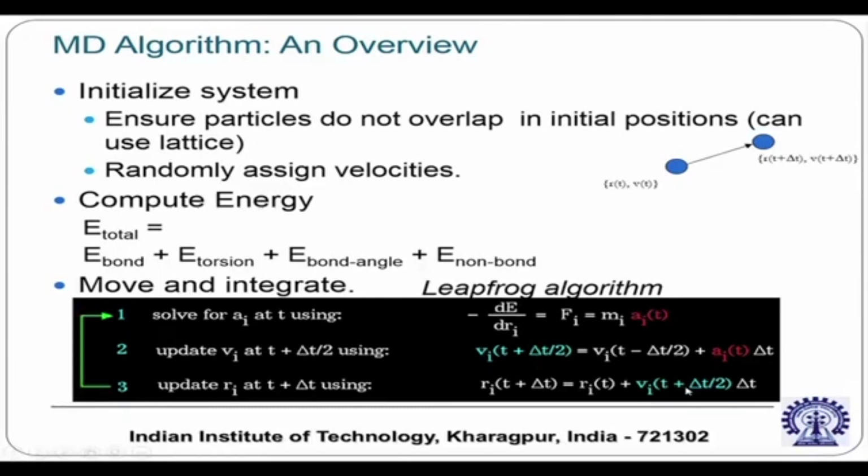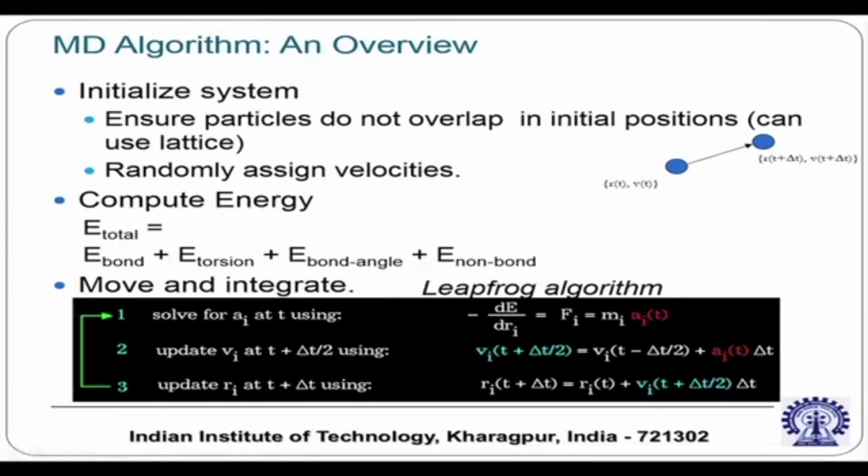So you have marched half the time step, and then the remaining half you march as you find r at t plus delta t is equal to r at t plus v at t plus delta t by 2 into delta t.